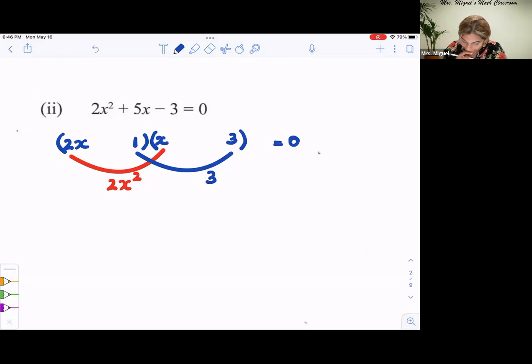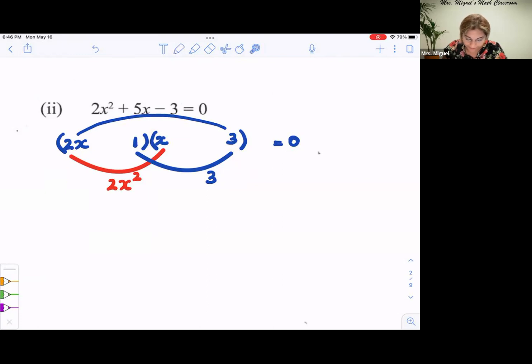So I need to multiply 2x by 3. So watch this. There's a method in which we multiply the brackets: first, last, inner, outer.